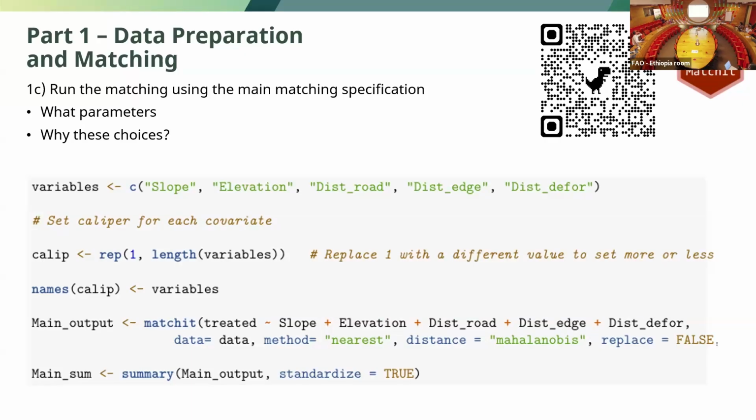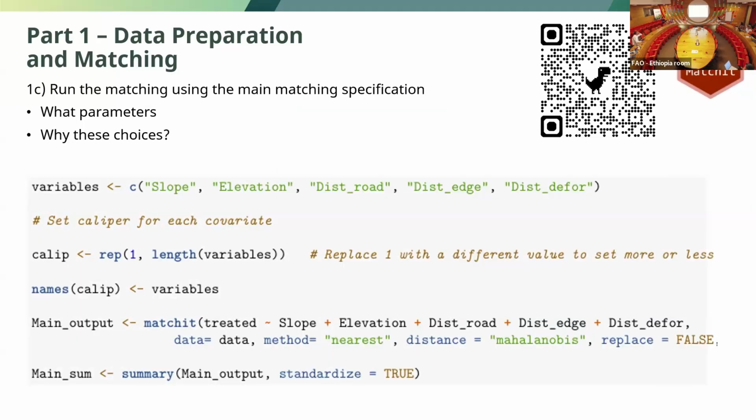Then you specify the matching method. This is nearest neighbor matching, which says I want to match a comparison pixel to the closest treated pixel, not geographically, but the one that has the most similar values.